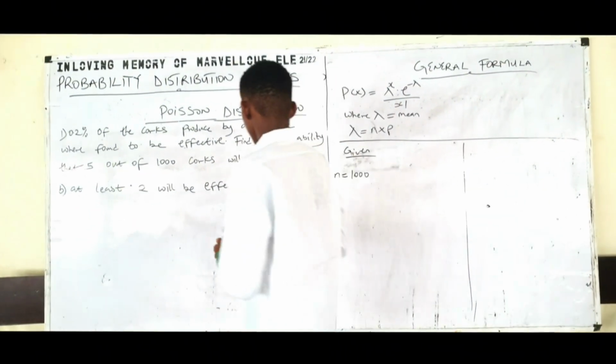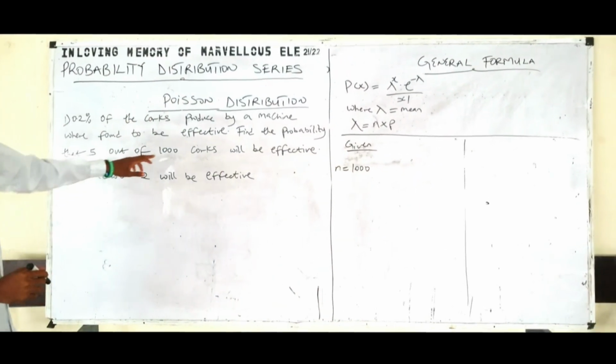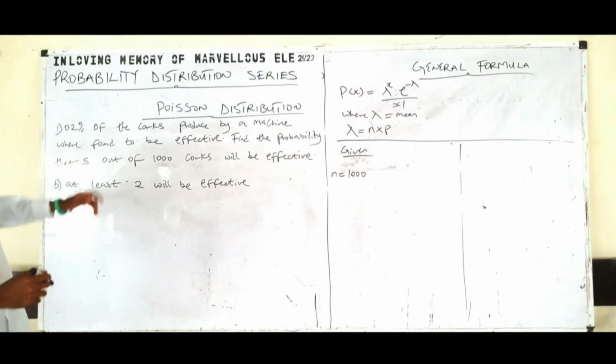A is 1,000. Now, the third one, probability that 5.